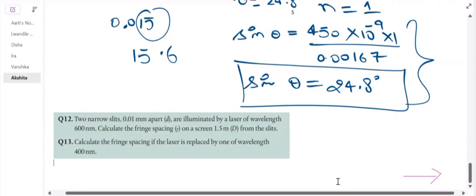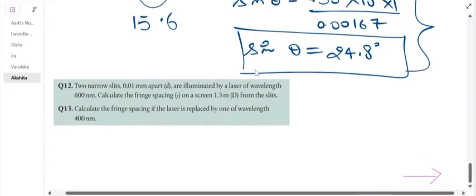In the formula we have only one d, but here we have two Ds. Okay, so two narrow slits, these are this much apart, that is small d. Illuminated wavelength is this. The fringe spacing we have to calculate, that is y, on a screen which has capital D, that is this.